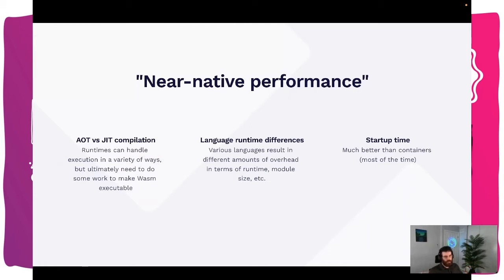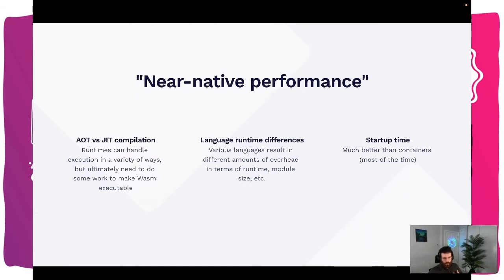However, they will take longer to start up. Whereas just-in-time compiled programs will start up very, very quickly, but may not have the same level of performance over a longer time span as compilation is being done continuously. Now, most WebAssembly runtimes support both of these options, and so it is up to you, the person running the program, to decide what performance properties you care about and choose accordingly.